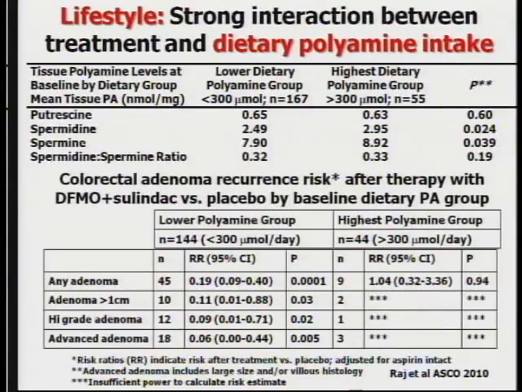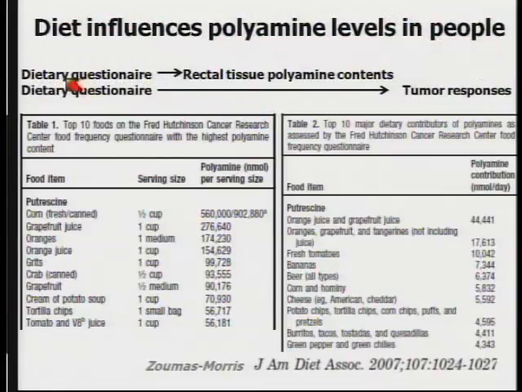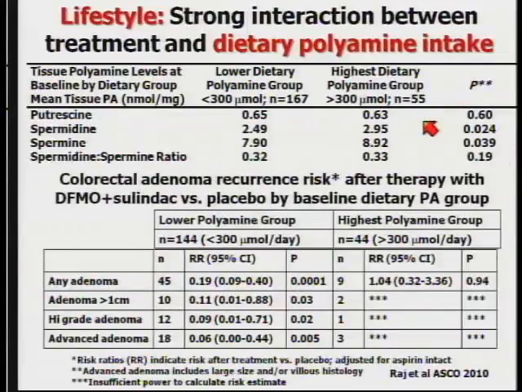And this is now work from Kavitha Raj and Jason Zell at UCI that have associated the polyamine contents. So if I could just go back to remind you, we've done the dietary questionnaire. We have measured rectal tissue polyamine contents. We've used that dietary questionnaire data to also then associate tumor responses. And that's what's shown here, this top table from our clinical trial.